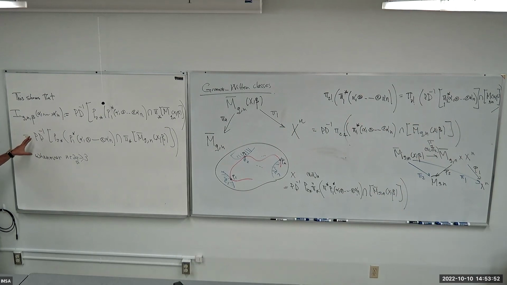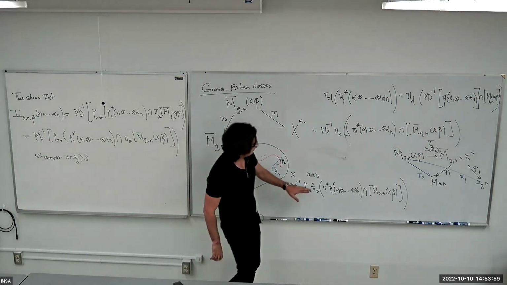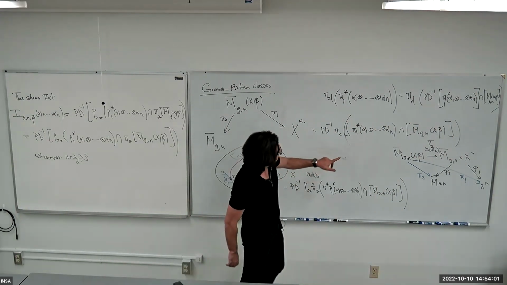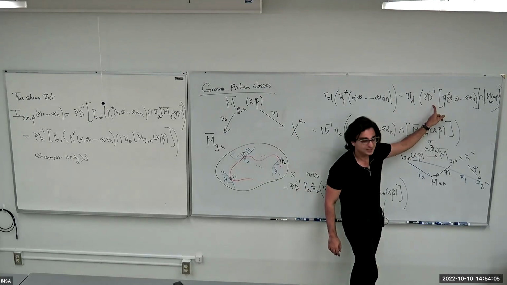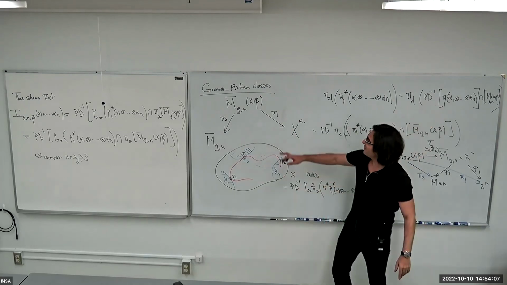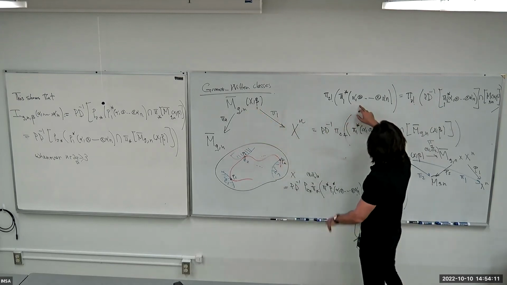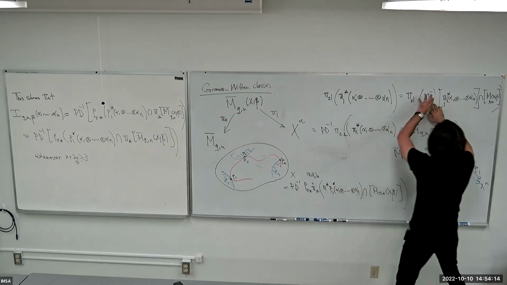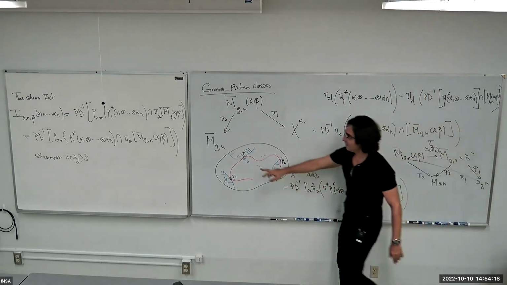So now, as you can see, there are Poincare dualizations at different levels. Originally, the Poincare dualization was on M bar g,n times beta, but because this space is smooth, and I considered this to be a smooth space, I can think of not dualizing and then dualizing later after pushing down onto here.